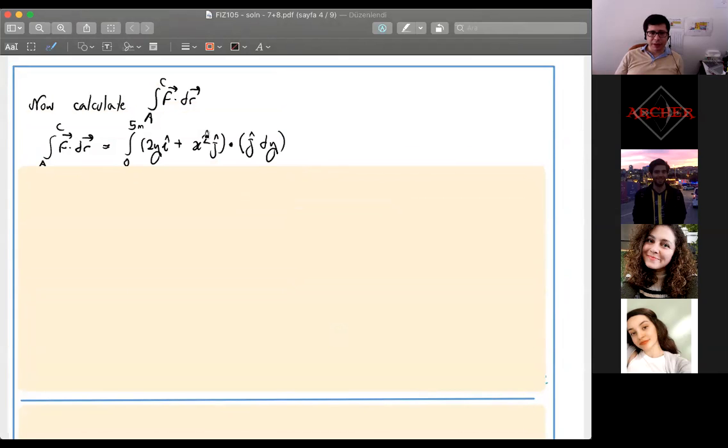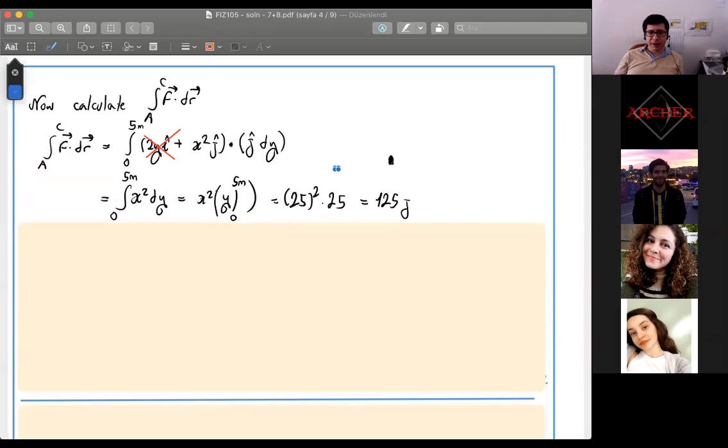However, this term, i dot j, dies because i and j are perpendicular. Their scalar product is 0. Again, just like the previous integral, this x squared term, x itself, is a constant. x doesn't change as you move along a purely vertical path. However, the x coordinate is not 0 in this case. It's not like the previous one.